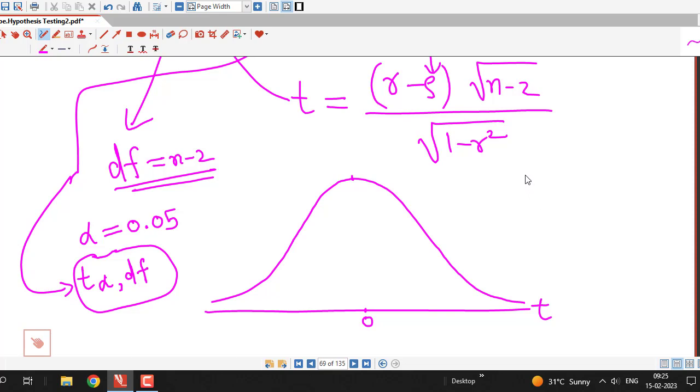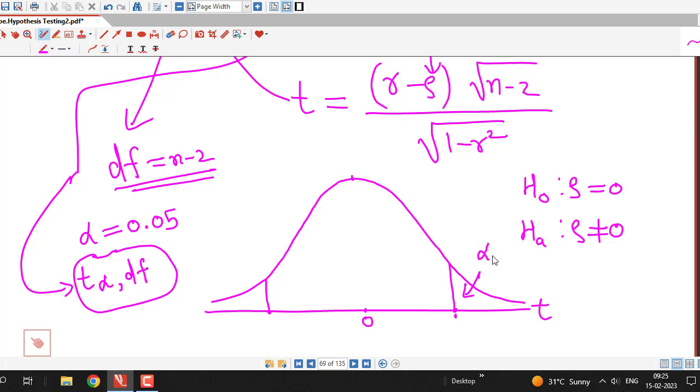Now here the null hypothesis is that rho equal to 0, and the alternative hypothesis is that rho is not equal to 0. So here we have a two-tailed test, therefore we will divide the level of significance into two equal areas of alpha by 2.